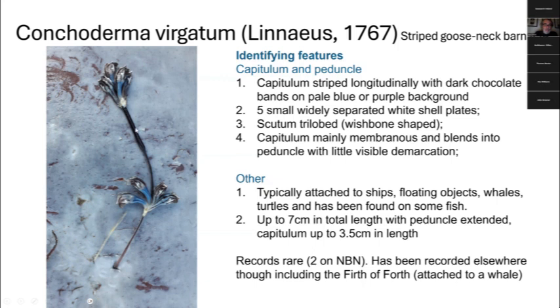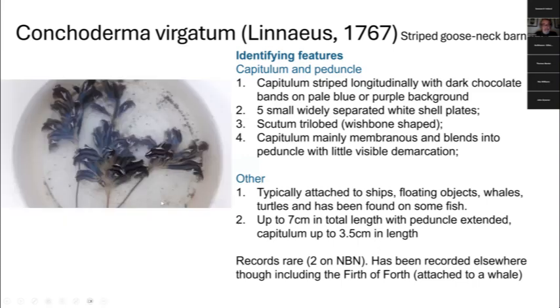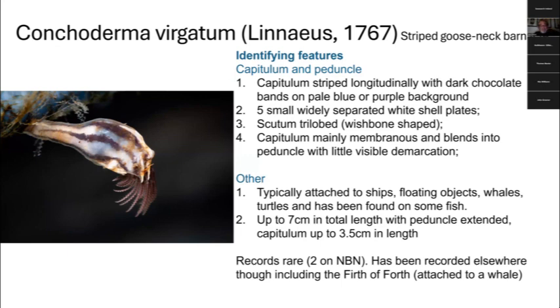Yeah, this long, thin black thing is in fact a parasitic copepod, which in turn is attached to a barnacle, which in turn is embedded in the flesh of the whale. And attached to the parasitic copepod are these bunches of striped gooseneck barnacles. You can see the blue and chocolate stripes on each of them. Very characteristic. So that was a sighting. He actually took those photos in the Forth, where the whale stranded.